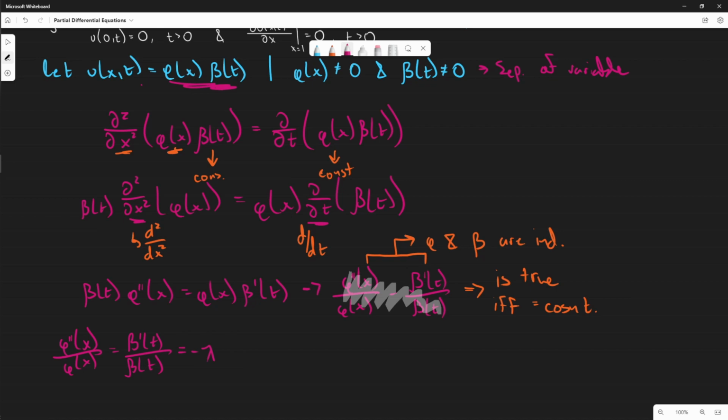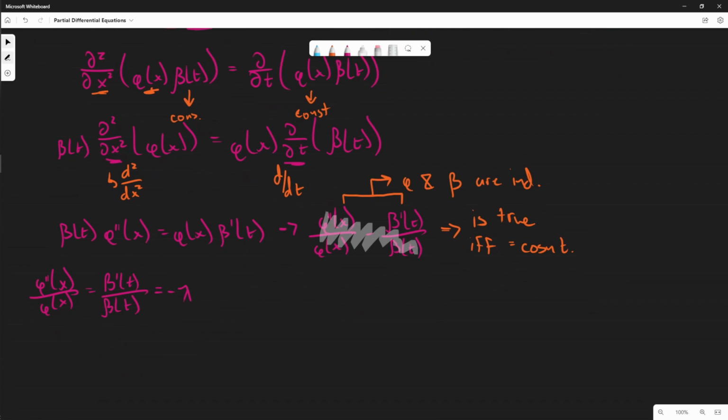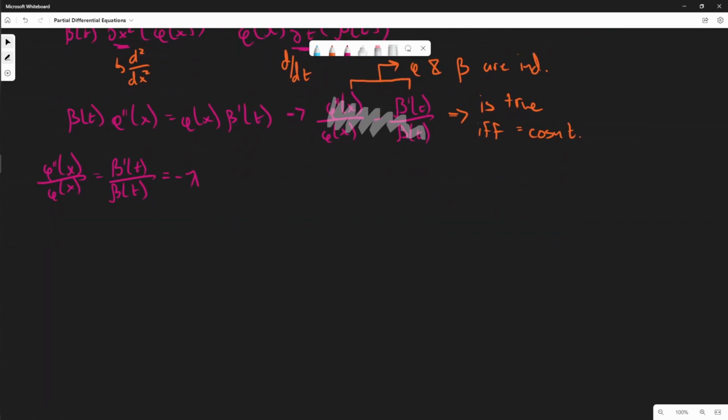And so now what we can do is just solve these independent from each other, just work with them individually. So we're going to do phi in blue and then beta in orange, not blue. So we're going to start with beta.